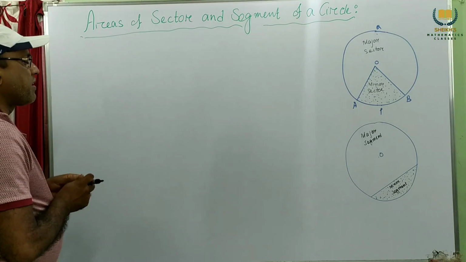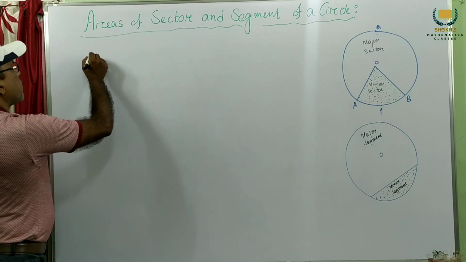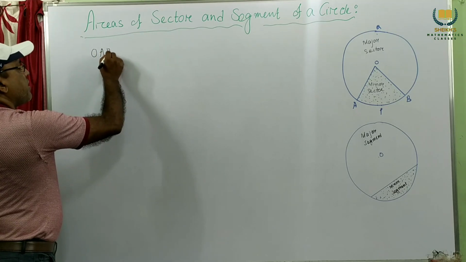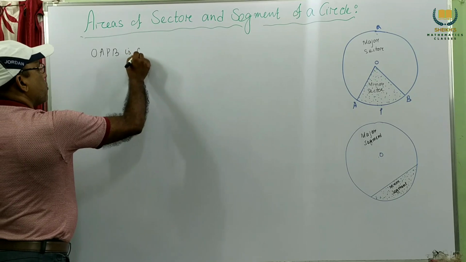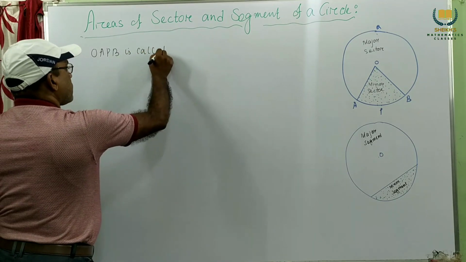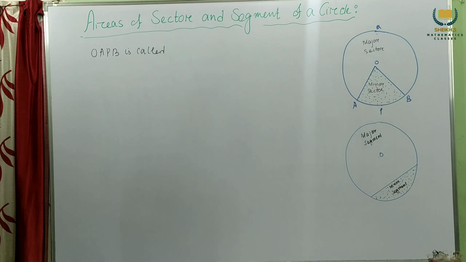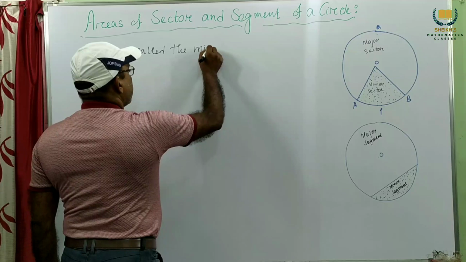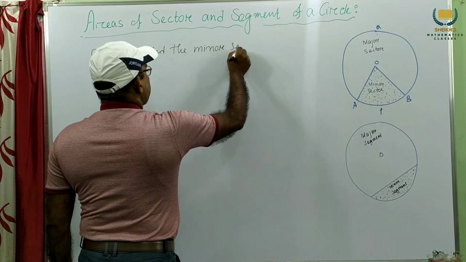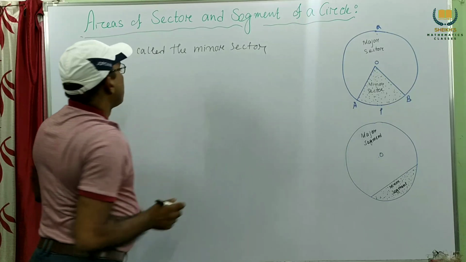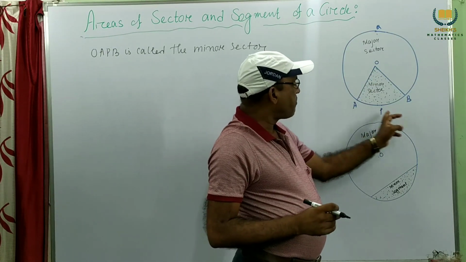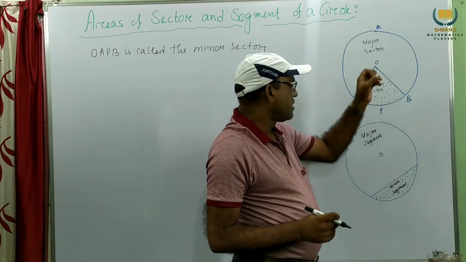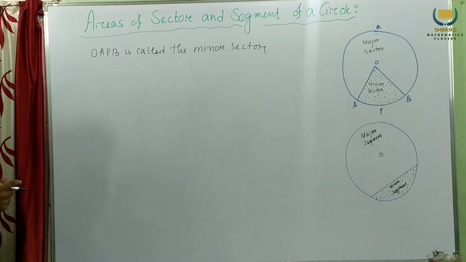So we can write OAPB is called the minor sector. OAPB, this portion, this radius, this arc, is called minor sector.